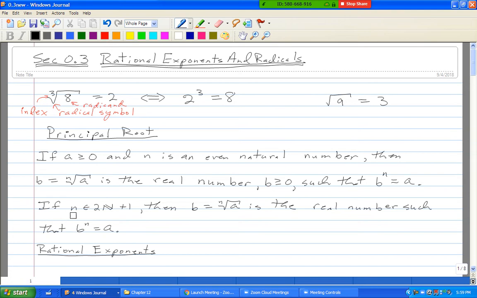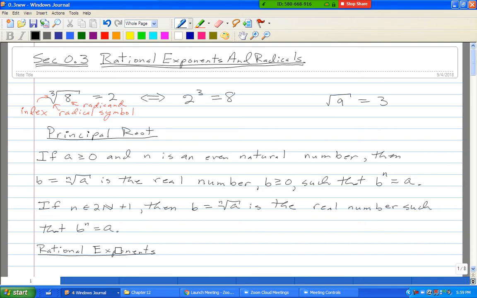If n is an odd natural number greater than 1, then b equaling the nth root of a is the real number such that b to the n is equal to a. So note that the even root of a negative number is not yet defined.